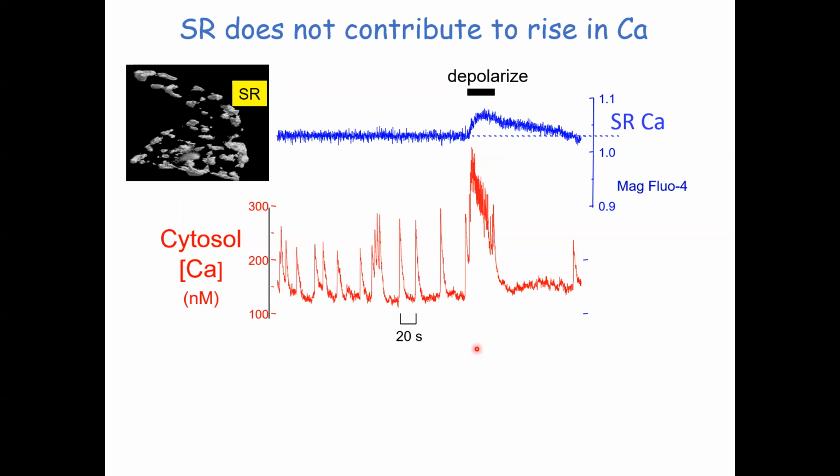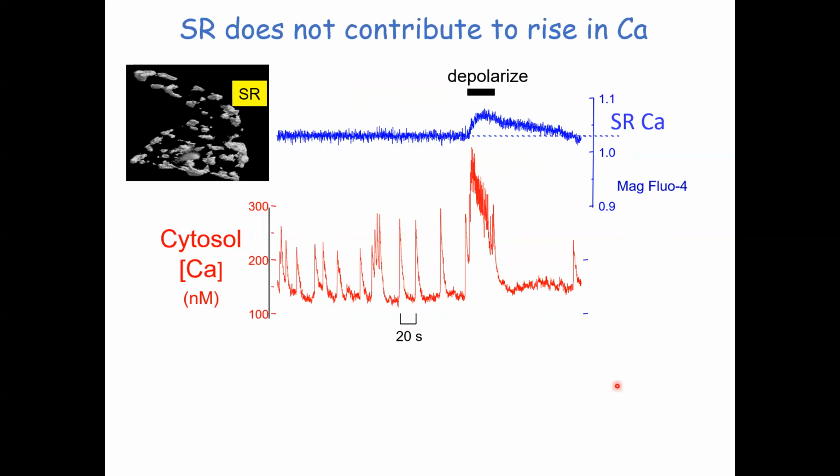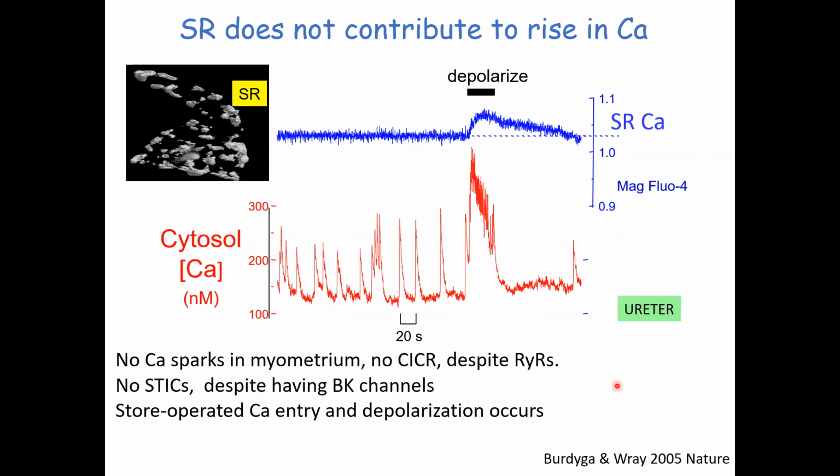If you depolarize, for example, then what you see is a much greater increase of calcium and an increase in the SR load. Now we know that the SR containing calcium in some muscles can produce calcium sparks. You can see these local releases of calcium via ryanodine receptors on the SR, crucial for many elements of muscle contraction, but not in the myometrium. To be clear, those calcium sparks were recorded in the ureter.